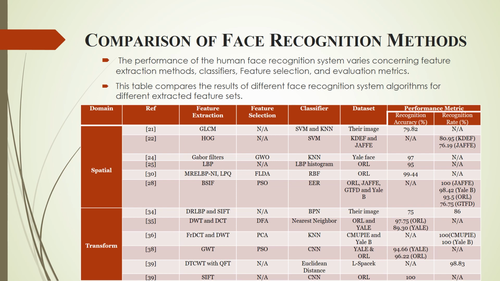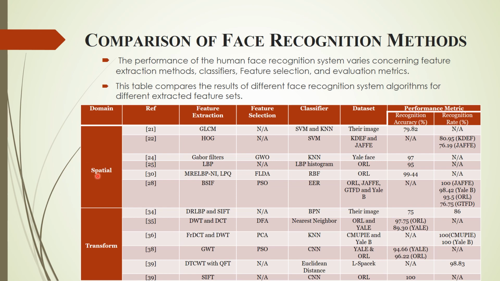These tables compare the results of different face recognition system algorithms for different extracted feature sets. Methods for face recognition based on handcrafted features are divided into spatial domain and transform domain.